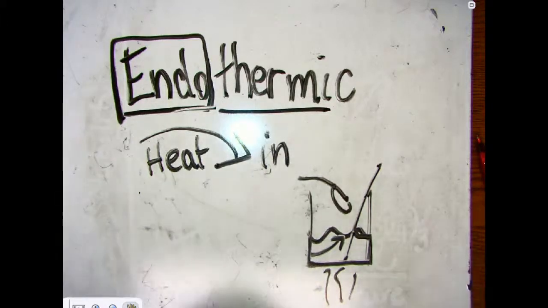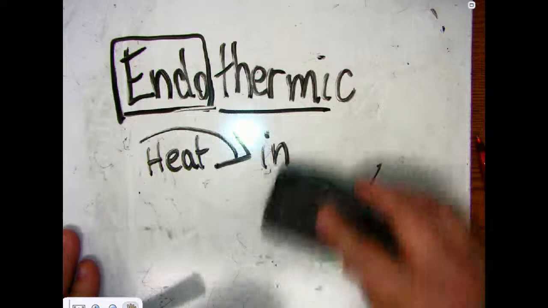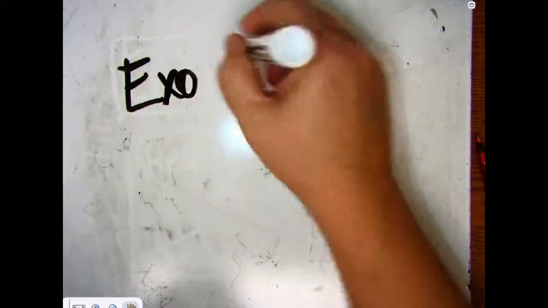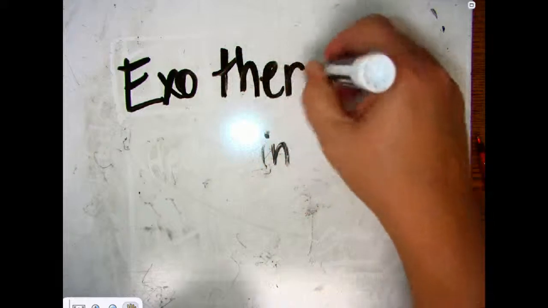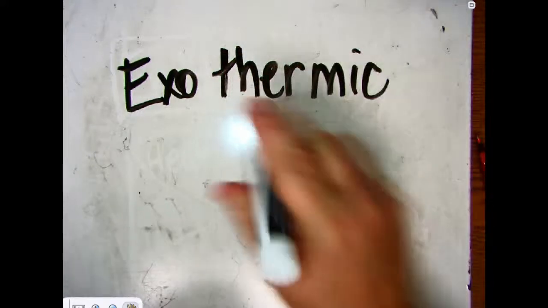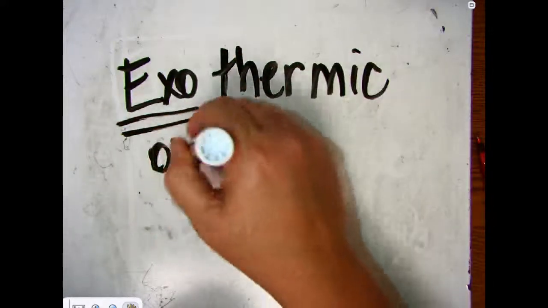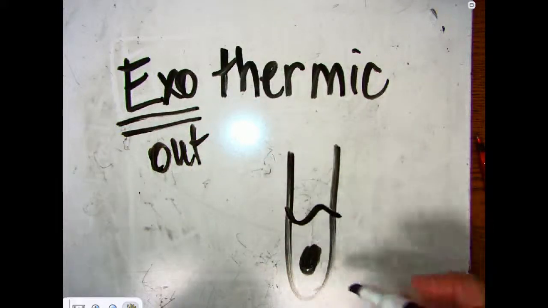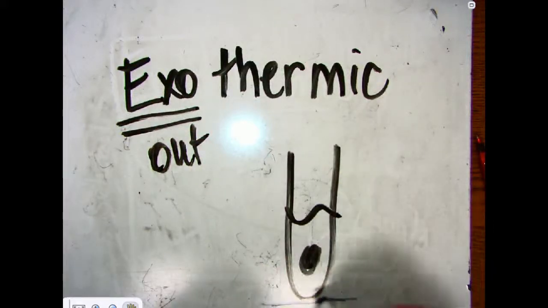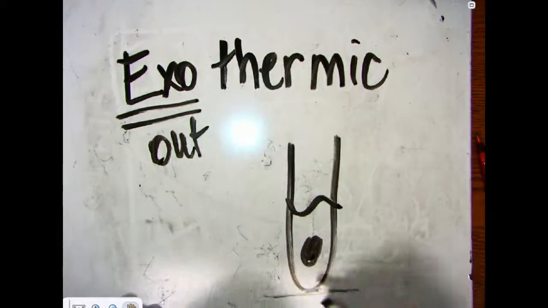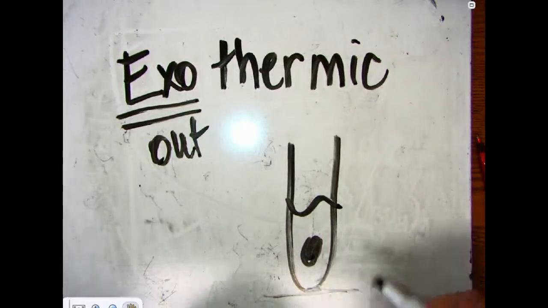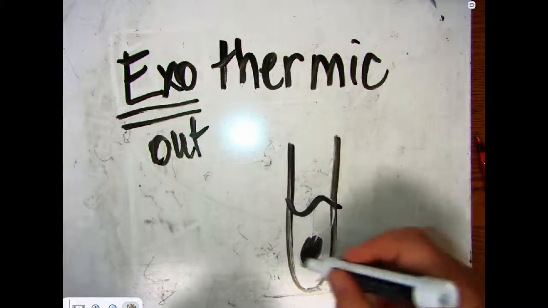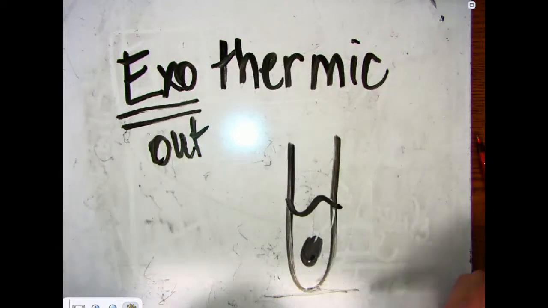The next thing that you need to know is exothermic, and exo means out, and thermic, heat, so heat goes out. And we need to remember, we did this in class when we put the zinc into the hydrochloric acid, and we actually felt on our hand, if you guys remember, we put the test tube on our hand, and we felt that the test tube warmed up as the zinc reacted with the hydrochloric acid.